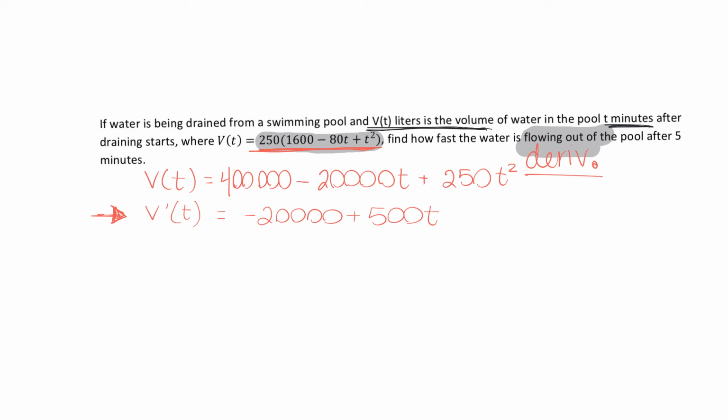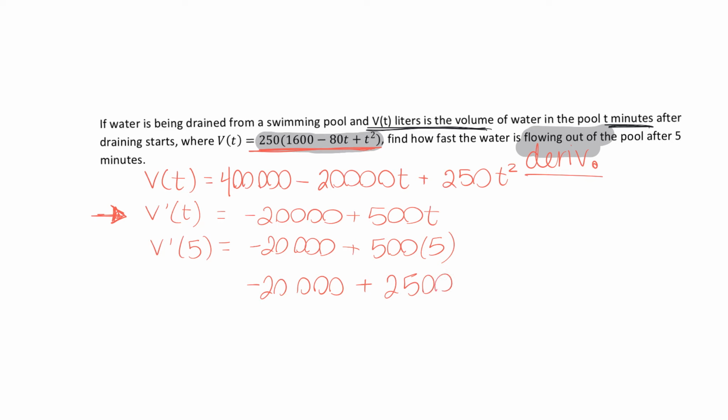So we're going to put the 5 in. So we're going to find V prime of 5. That's going to be minus 20,000 plus 500 times 5. Well, what is 500 times 5? 2,500. So negative 20,000 plus 2,500 is going to be what?